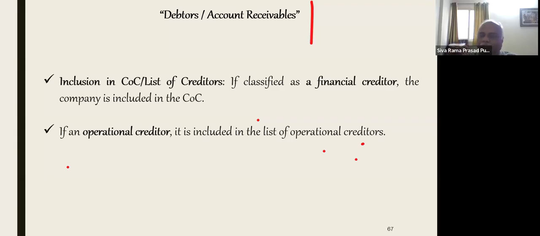With recourse means the company sold goods to the buyer. The company requires funds and asks the factor, sir, these goods I have sold on credit, please discount and give me 90%.